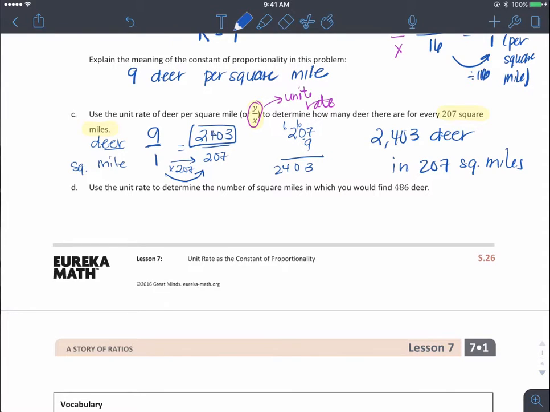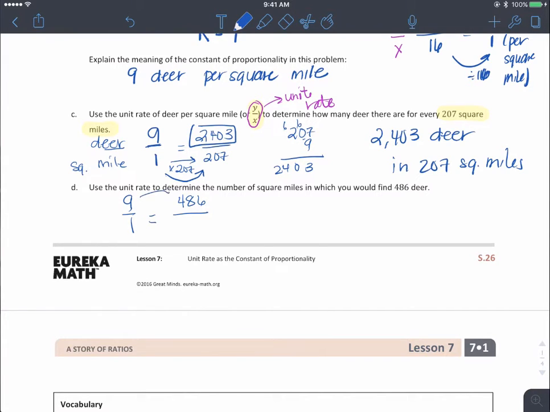Alright, so we're still going to use our unit rate, which is 9 to 1. And we see that up from C that deer is going to be on the top and square miles will be on the bottom. So we're going to make an equivalent ratio where there's 486 deer, and this is our unknown. Okay? So we need to determine, well, 486 divided by 9, right?